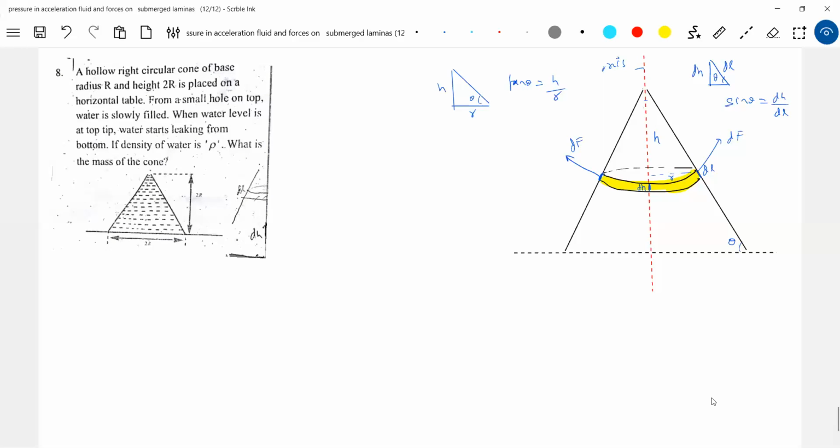It will not be at only 2 points. Again, you must see that the liquid, the water, will be in contact with all points on the cone. So everywhere it will be acting here. I'll try to give the diagram. Hope you'll understand. It'll be like this.